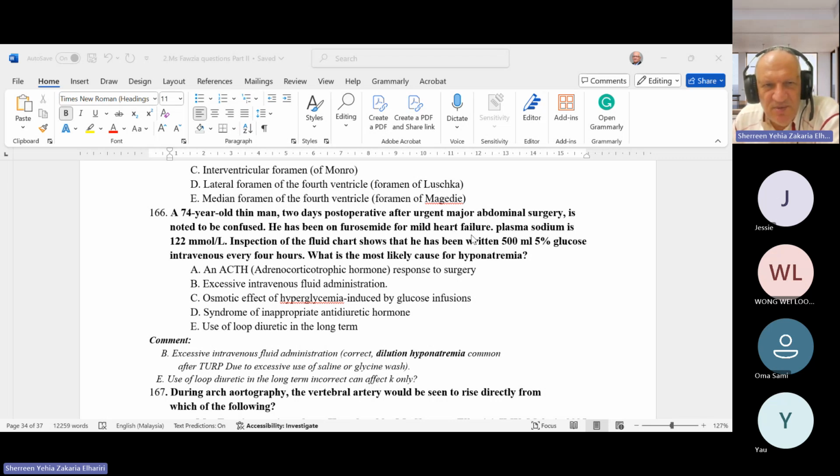Plasma sodium is 122, so plasma sodium is low. Inspection of the fluid chart shows it has been written 500 mL 5% glucose intravenous every 4 hours.